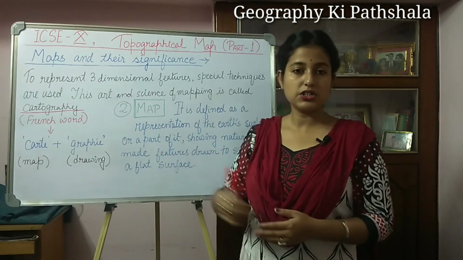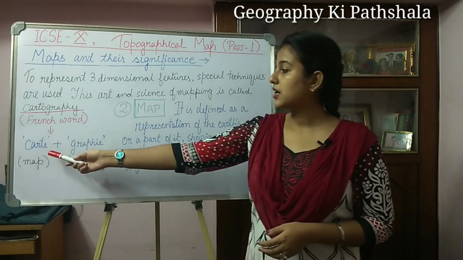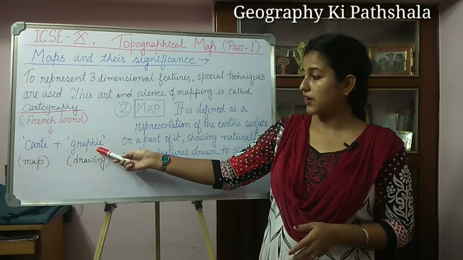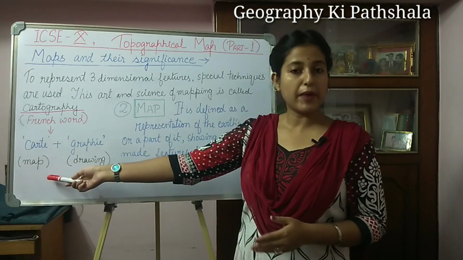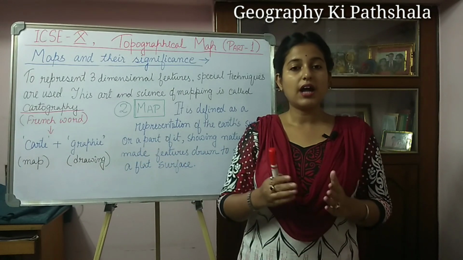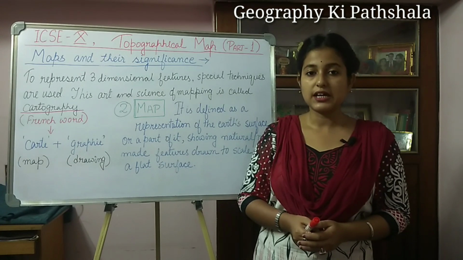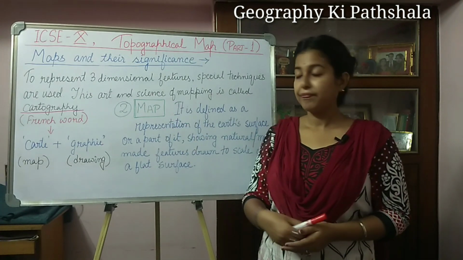Now the word cartography has come from two French words, one is carte and another one is graphy. So carte means map and graphy means drawing. Now we will come to the second model of representing the earth, which is the map.